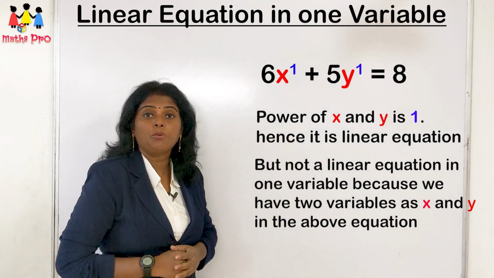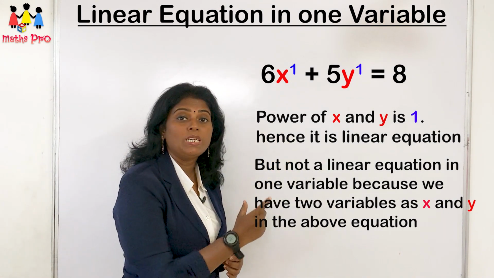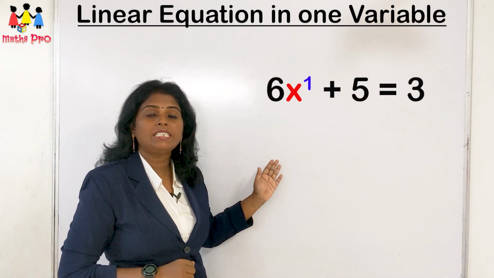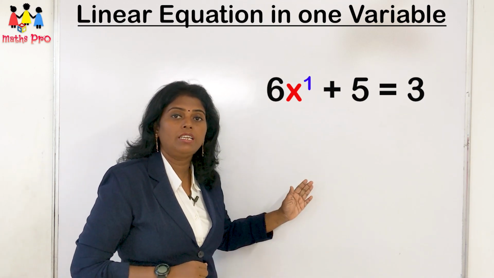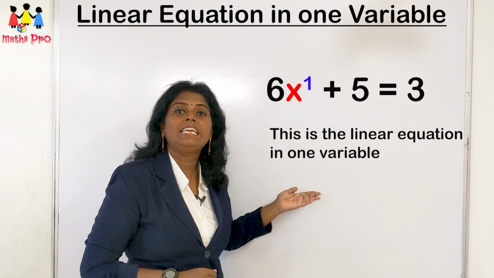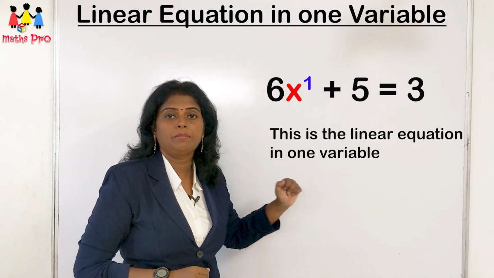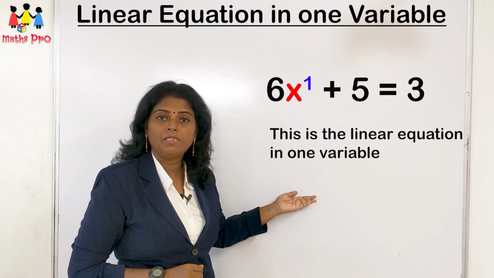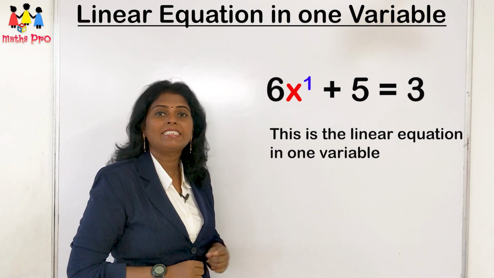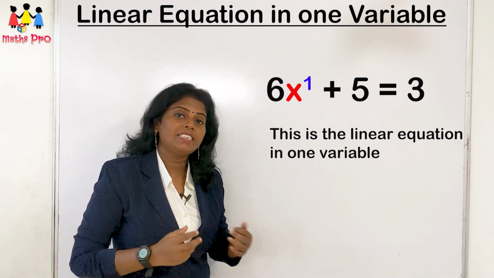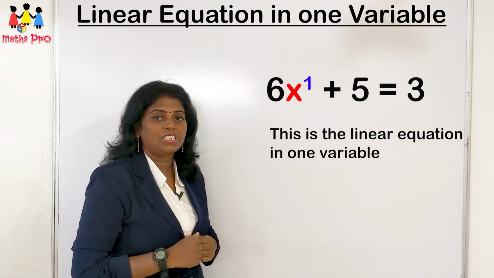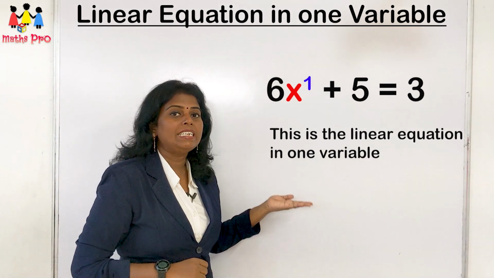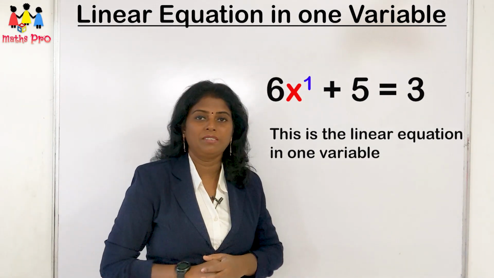We are discussing the topic of linear equation in one variable. So the equation 6x plus 5 equal to 3 is a linear equation in one variable because it has only one variable, x, and the highest degree of this equation is also 1. So this is called a linear equation in one variable.